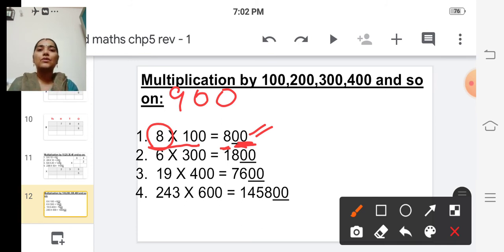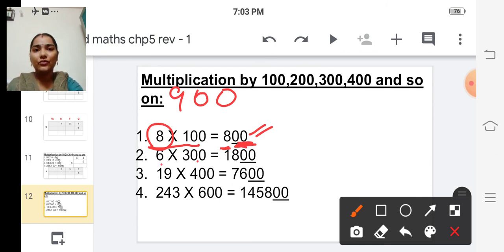Okay. So if we multiply a number by 200, 300, 400, then what do we have to do? We have to write 2 zeros at the end and then multiply the remaining numbers, and write the answer before the 2 zeros. Okay. See, second one, 6 into 300.